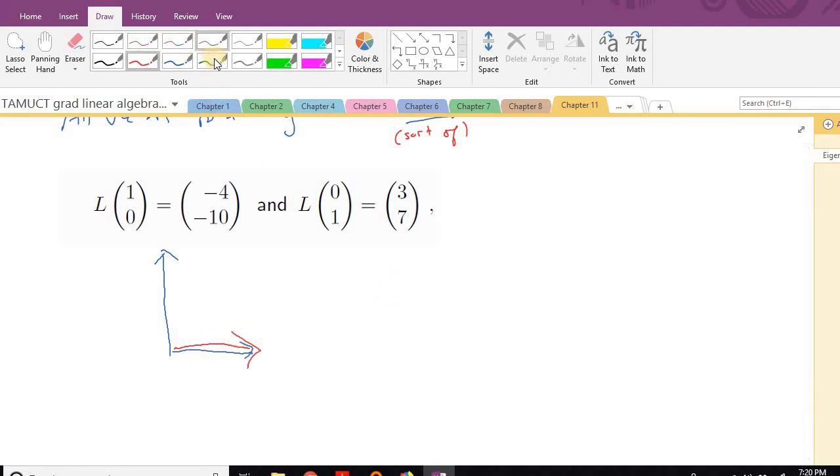According to L, (1, 0) goes to (-4, -10). So let me make the axis like this. Minus 4 is back here, minus 10 is down here, so I get some red vector pointing down this way.